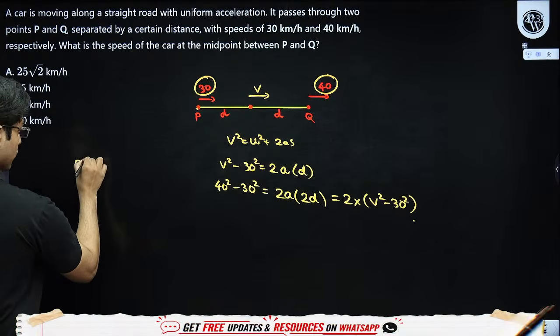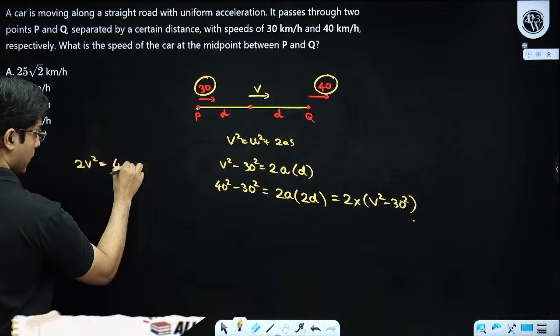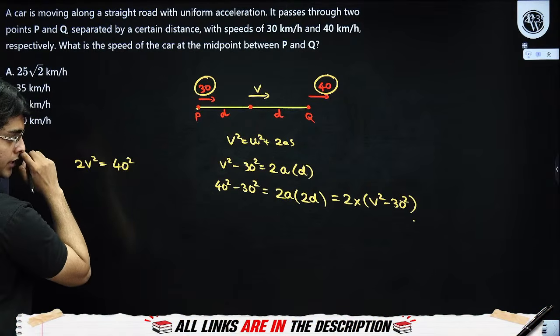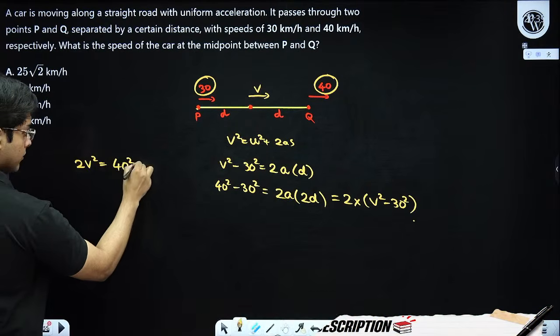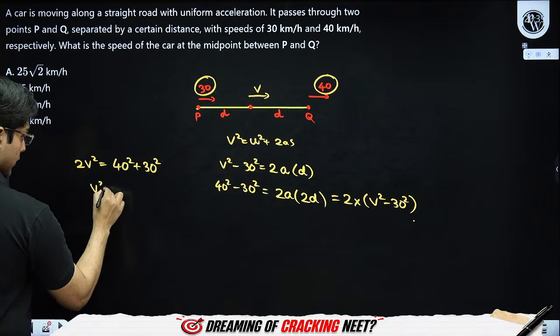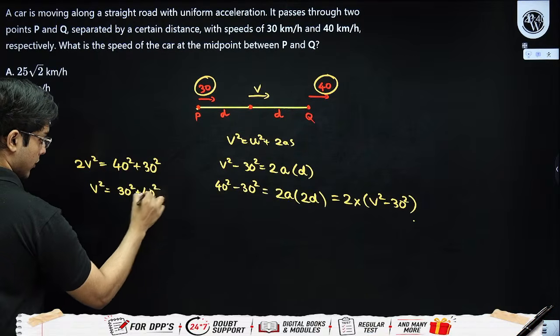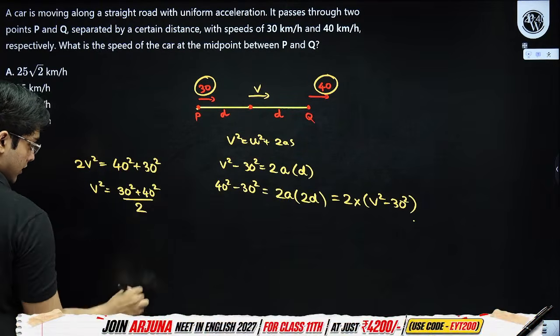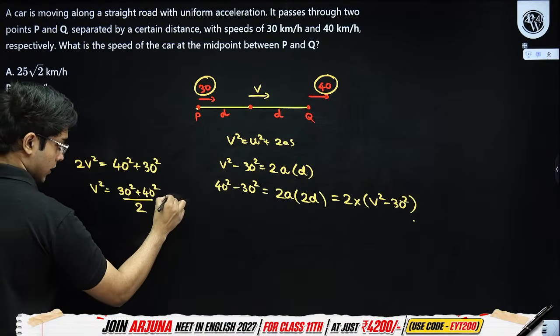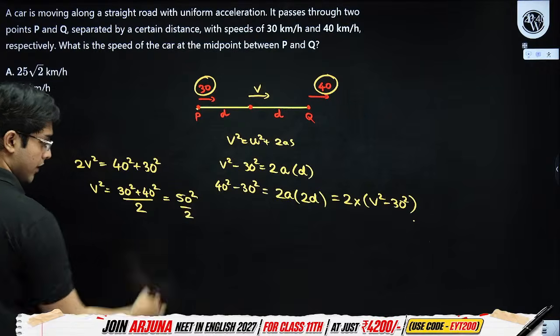So 2v square equals 40 square plus 30 square. So v square is going to be 30 square plus 40 square divided by 2. What is 30 square plus 40 square? Pythagoras. It will become 50 square divided by 2.